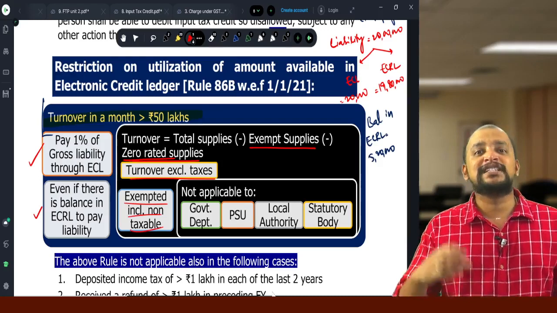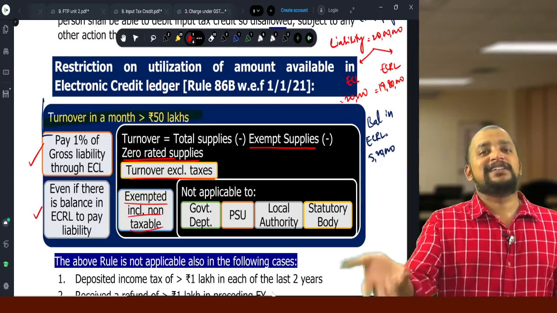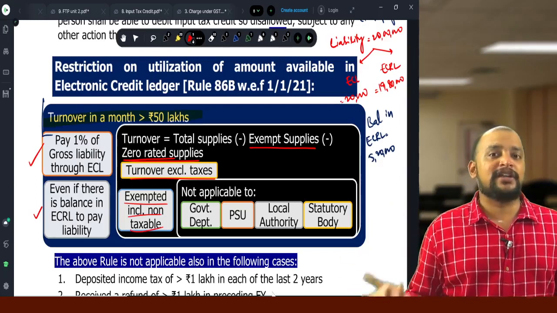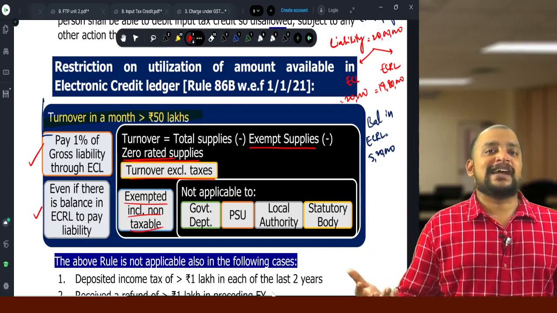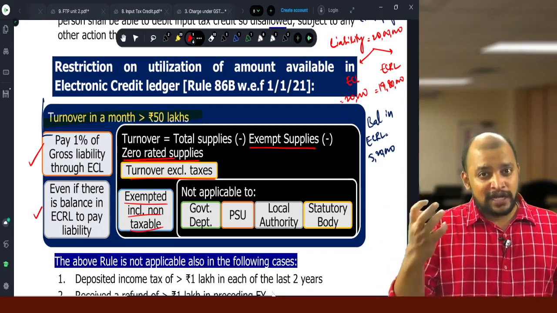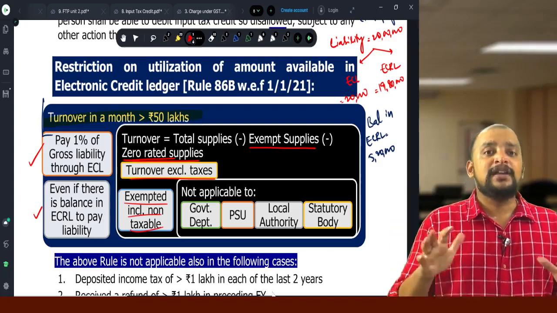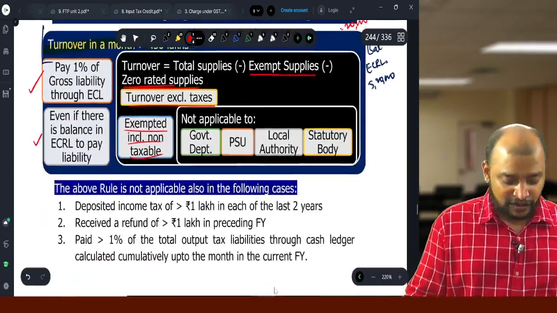Mainly this provision is created to have a cash inflow, so what's the point if government itself is making payment? There is no point in that. Normal taxpayers, if they pay 1%, like the 20,000 in our example, that will create a cash inflow so that they can use it for the expenses, mainly for that.